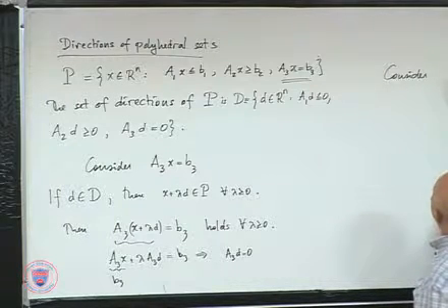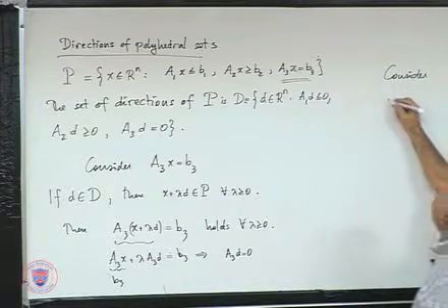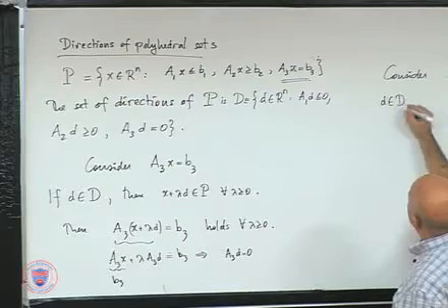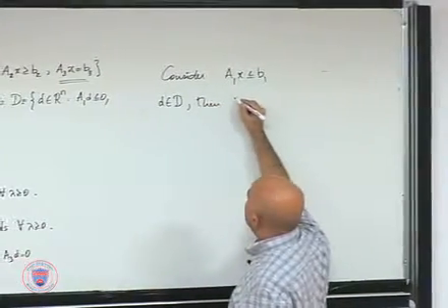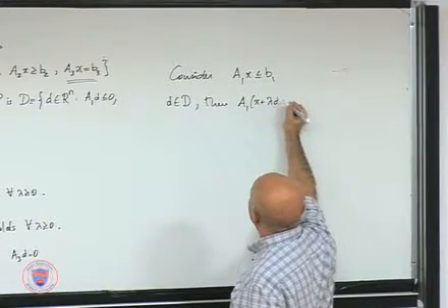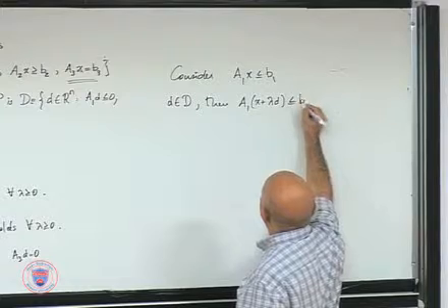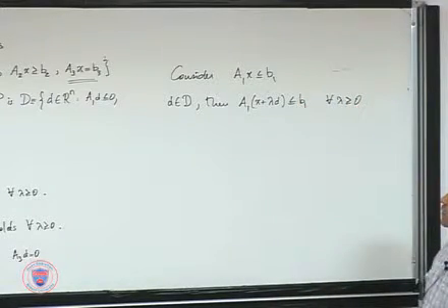Similarly, if you consider A1x less than or equal to B1, this part, if d is in D, then we must have that A1x plus lambda d is less than or equal to B1 for every non-negative lambda.